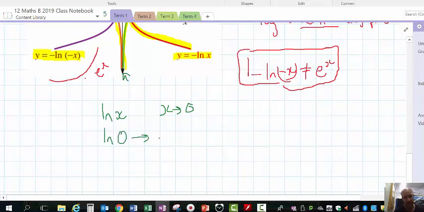Log of 0 is undefined. It doesn't matter what base you use, it could be base 10 or base 2, you name it. Log to base e of 0, what does that mean? Basically you're saying e to the what equals 0.